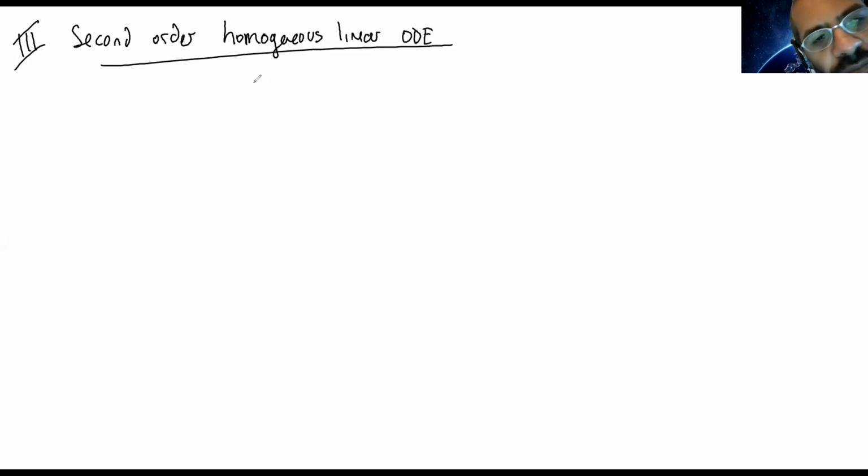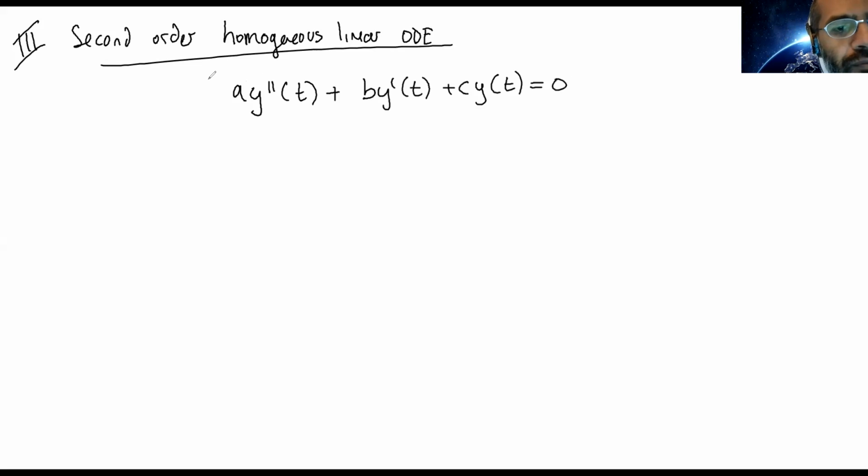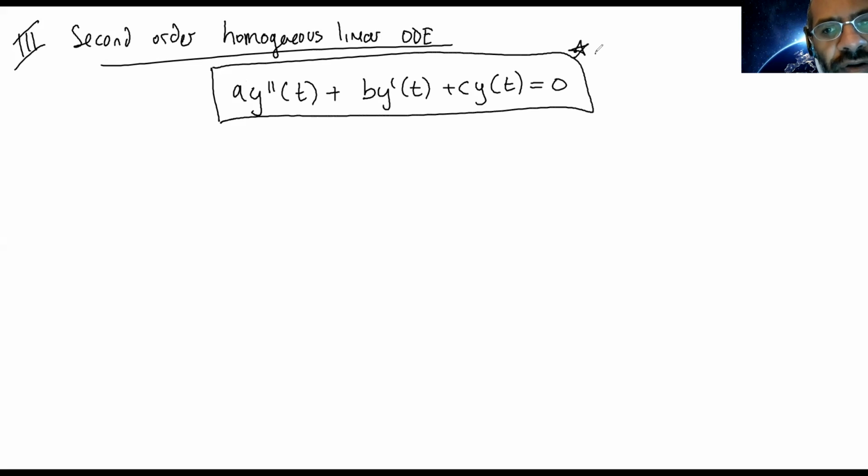Second order just means equations of this form: a y double prime plus b y prime plus c y equals 0. Call this double star.